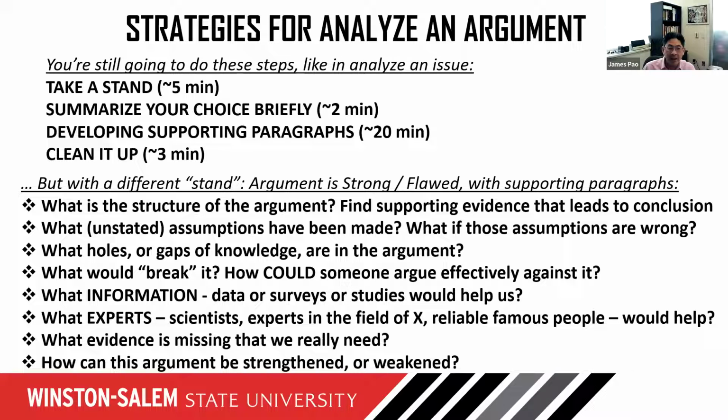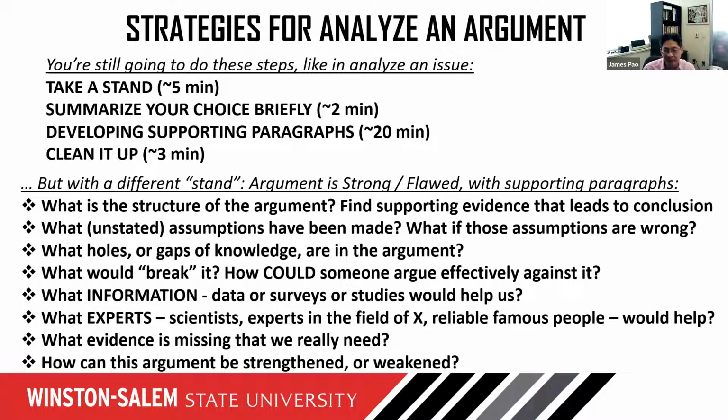All right. And I've written a few very important questions. What is the structure? Where is the evidence? What assumptions have been made? Very similar to assumptions are what holes or gaps of knowledge are in the argument. Another way to say it is what would break the argument. The fifth and sixth one are really important.